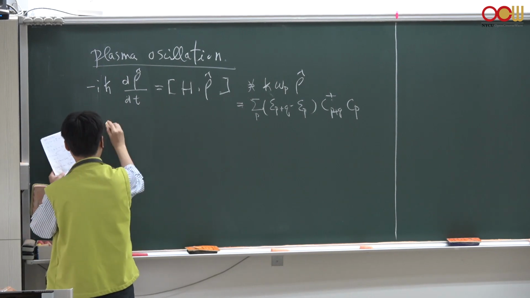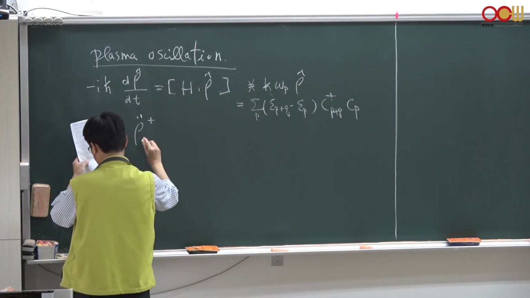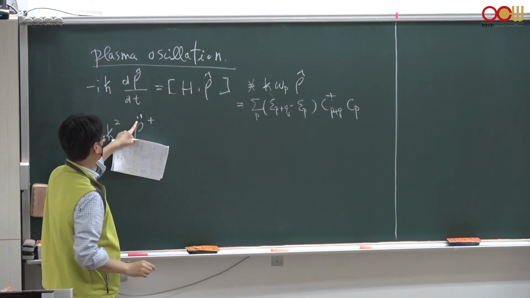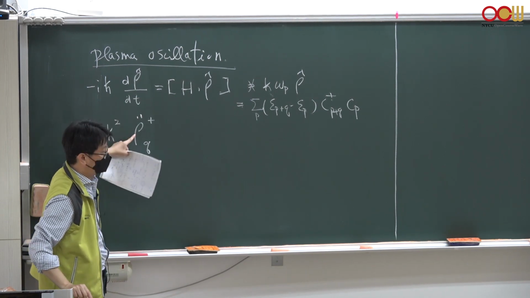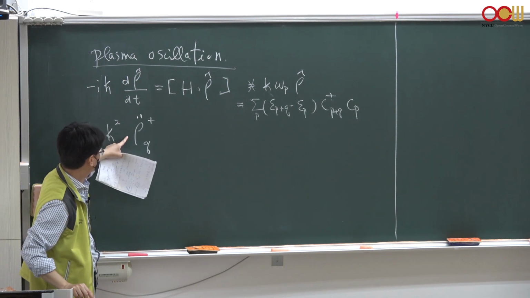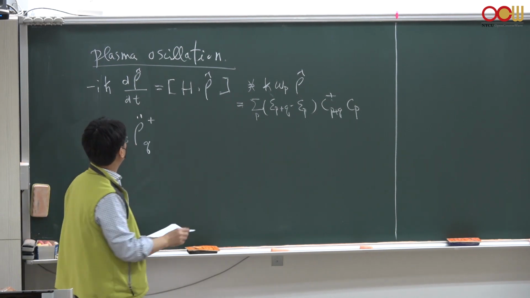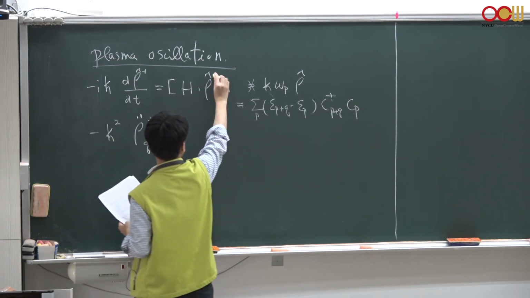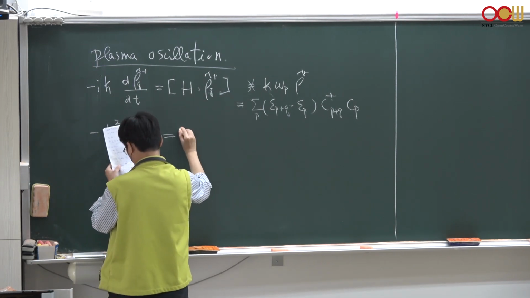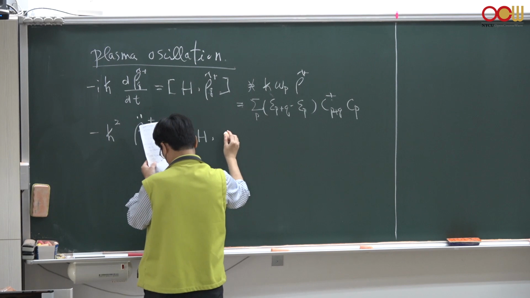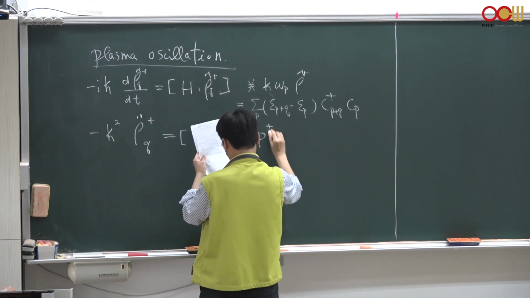So the second time derivative of rho dagger of q, which I use a double dot to represent, the second time derivative of the rho dagger operator of q, is the double commutator.